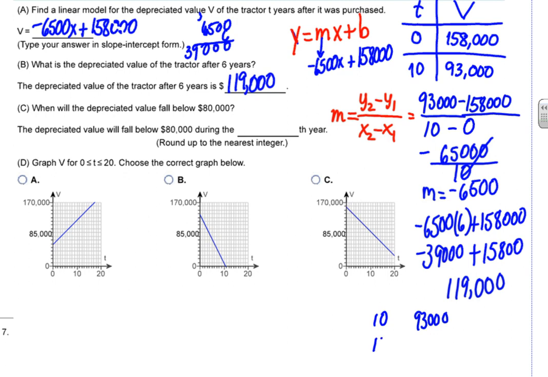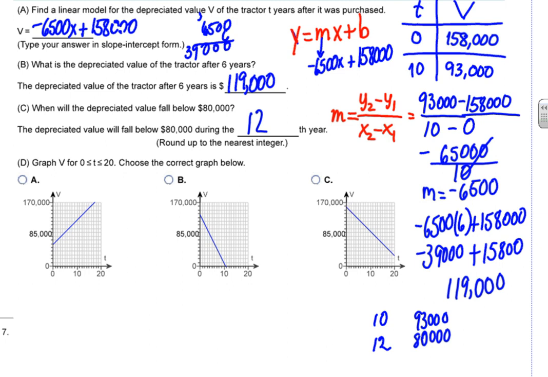And then if I try 12, because it's noticed that when x goes up, y goes down, here at 12, I would have 80,000. And you can do the math. So the answer here would be 12.